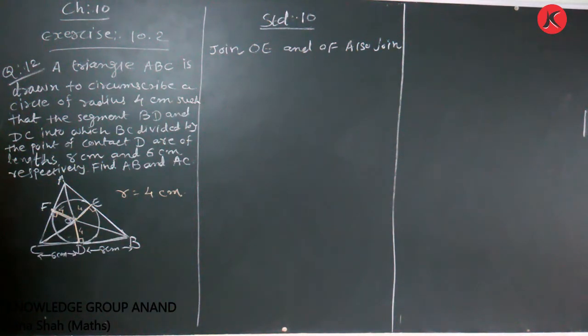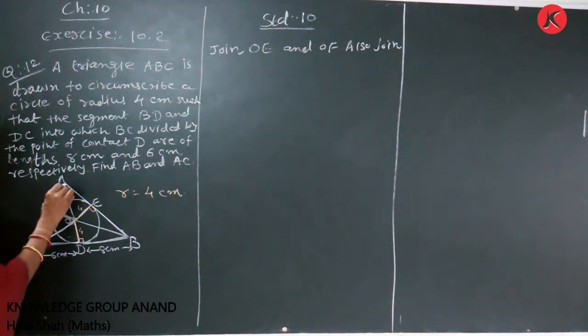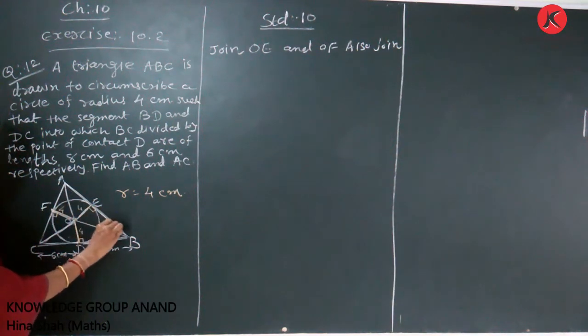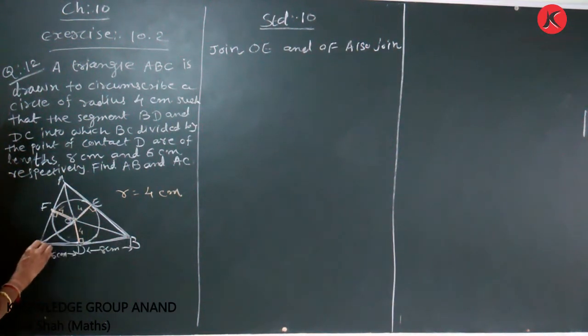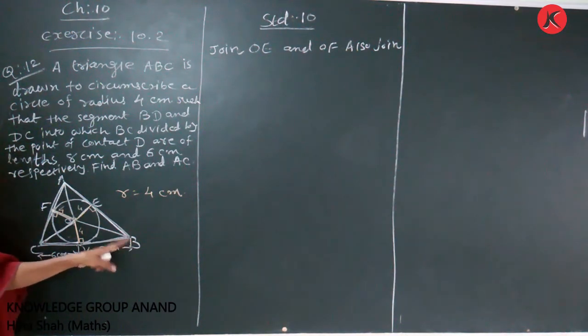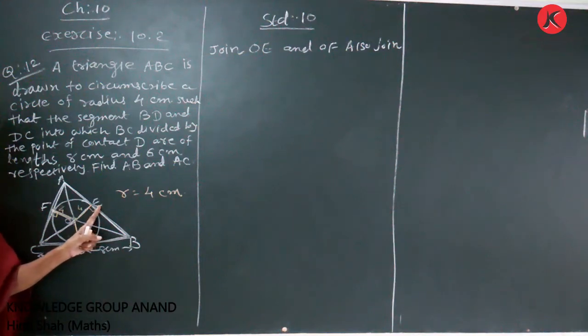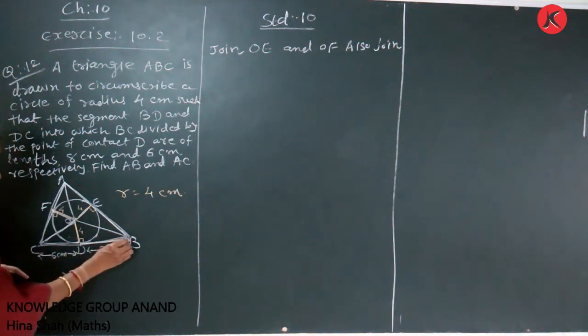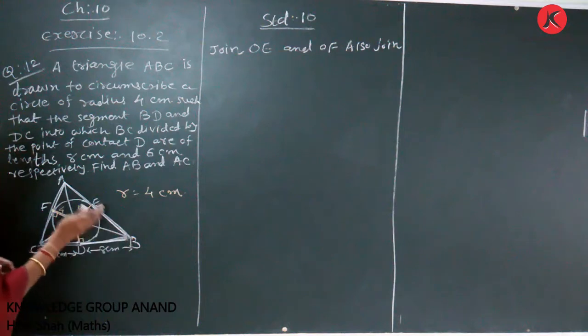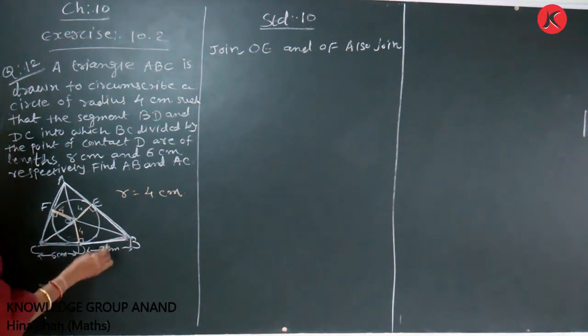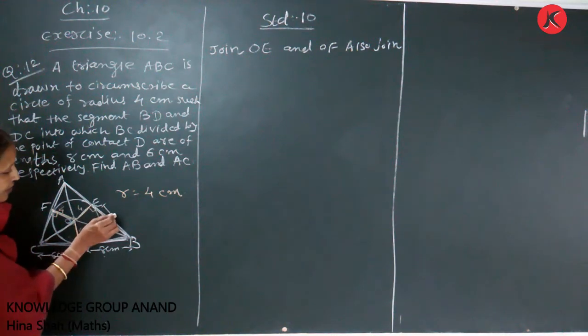Now, in triangle ABC, we know that BD is equal to BE, since they are tangents to the circle, and it is equal to 8 cm.